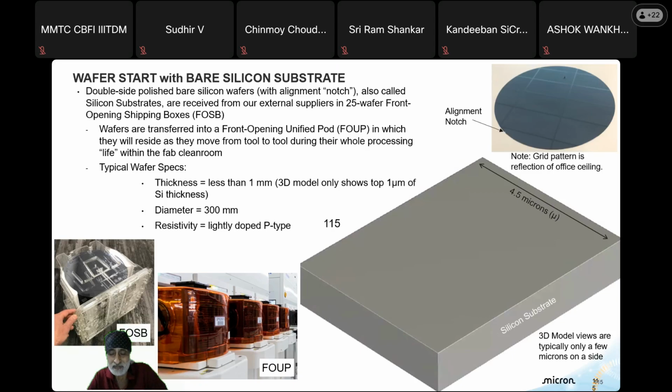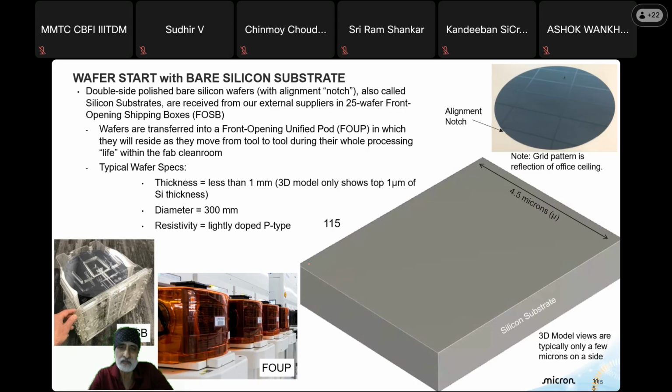The reason is that we have to earmark the areas where components will be made and where they will not be made. For example, here a 4.5 micron area is shown. The wafers will be 12 inch, so this picture is only shown for 4.5 micron.